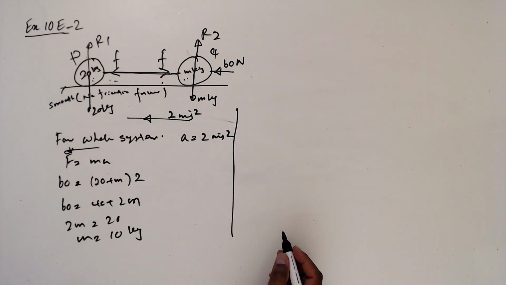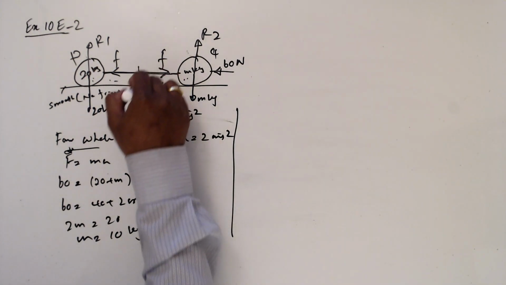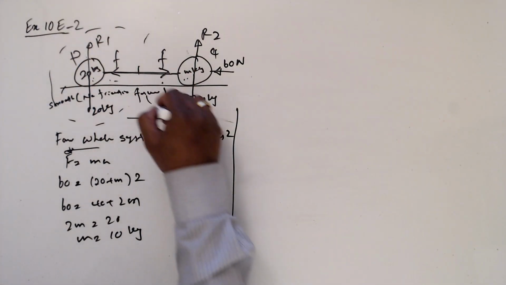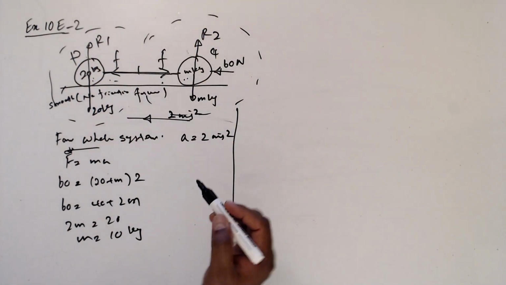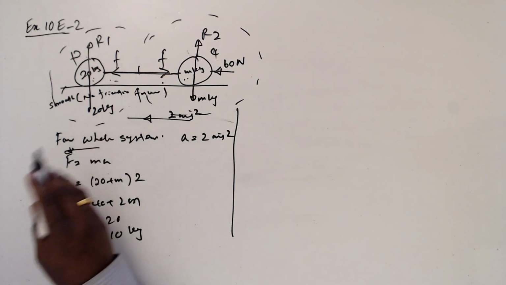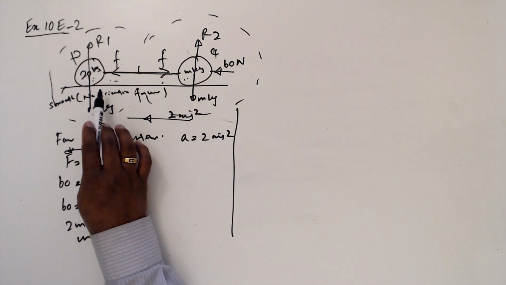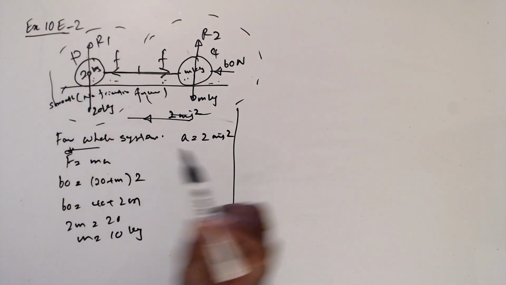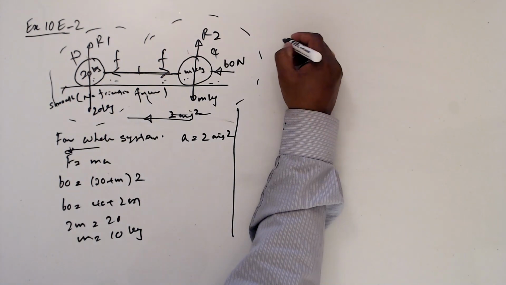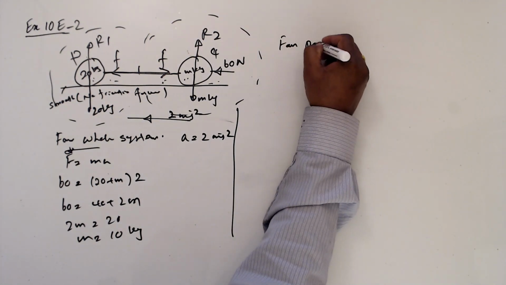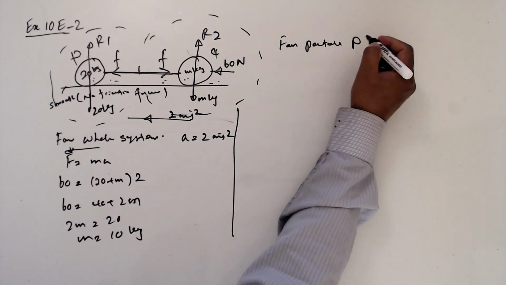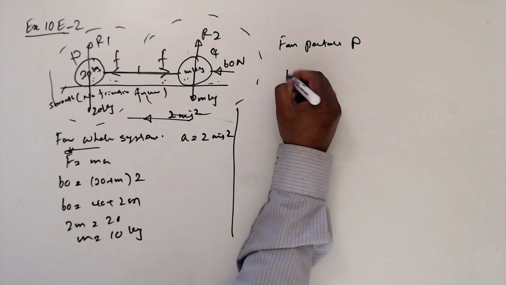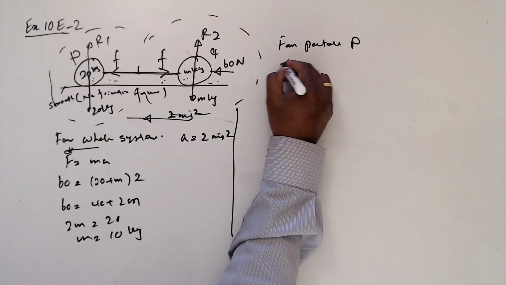The next question is find the thrust. When we find the thrust, we have to consider separately. Which one am I going to consider, P or Q? I can see that P is easy because there is a single force, whereas Q has two forces. So I will stay with P. For particle P, F equal ma in this direction.